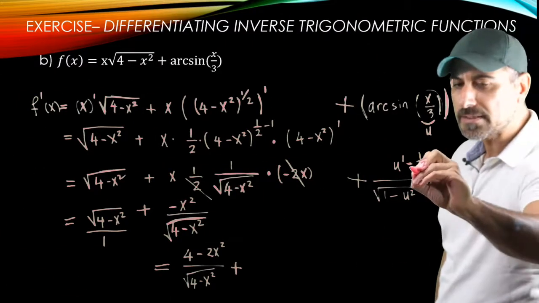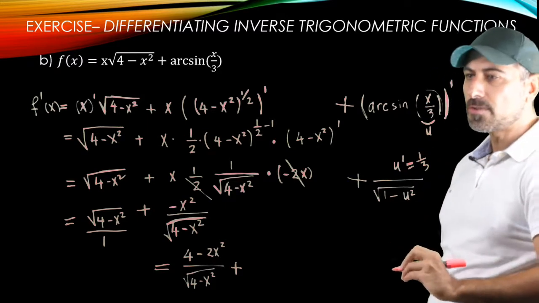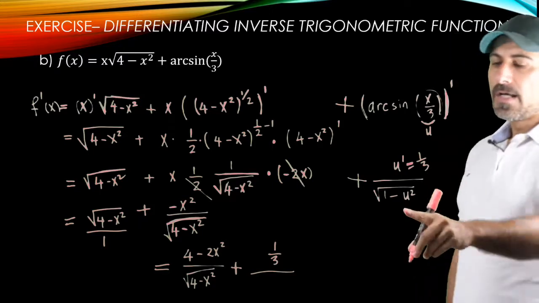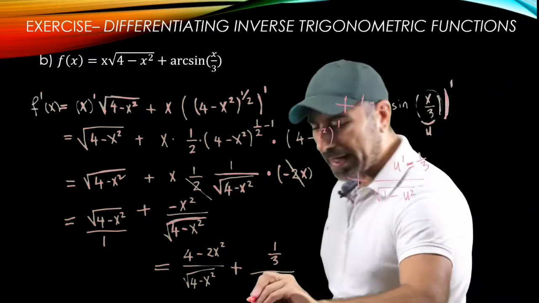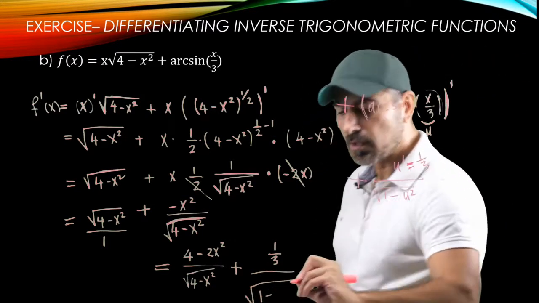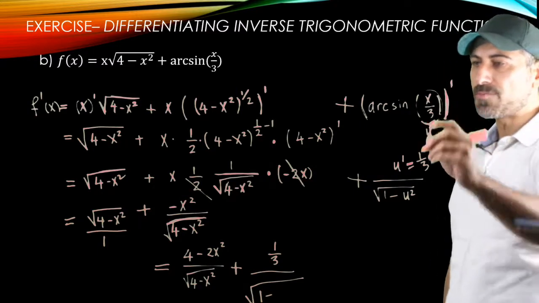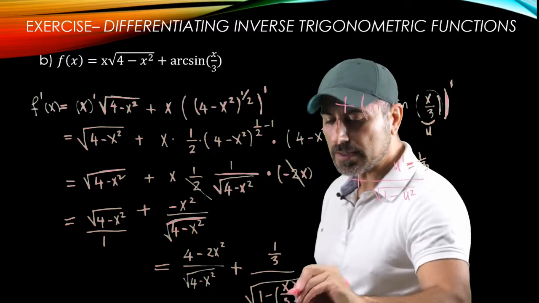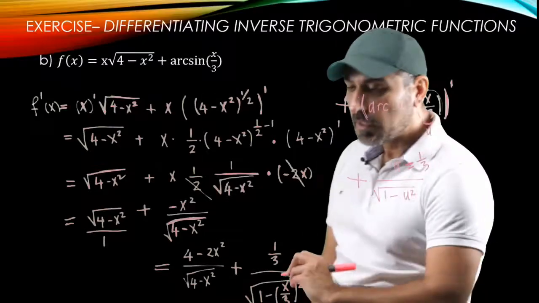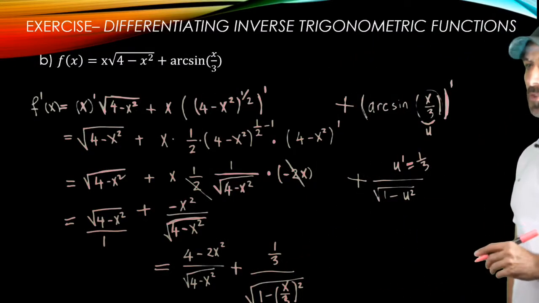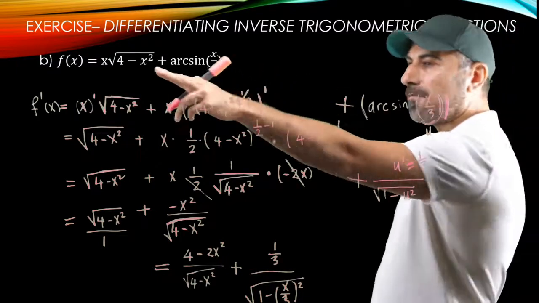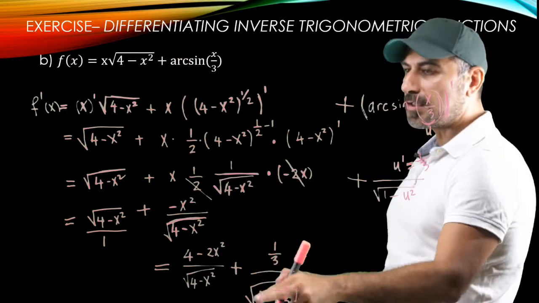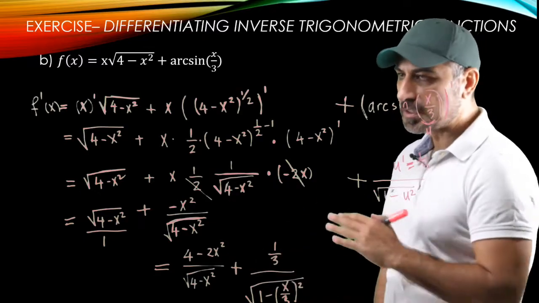U prime, that's exactly equal to 1/3, right? 1/3 divided by radical 1 minus u squared. Well, u is x over 3. I'm just going to plug in x over 3 here and take the square of that quantity. Turns out that the derivative of this function here is this piece plus this piece here. You can go ahead and simplify this further as well.